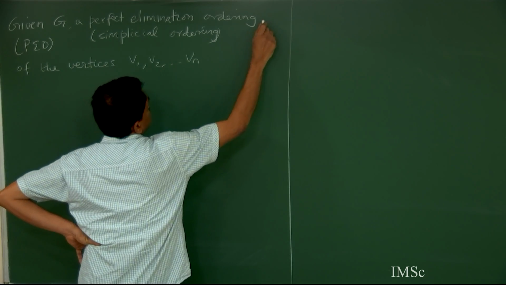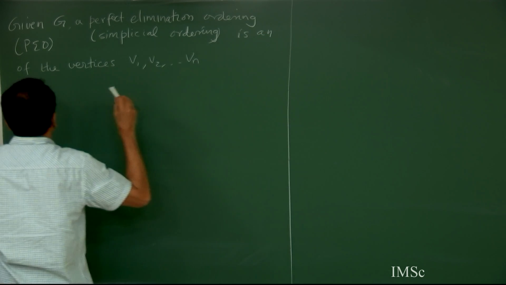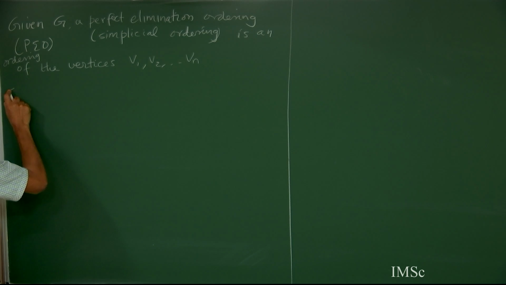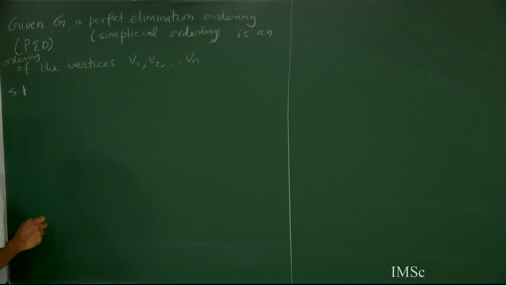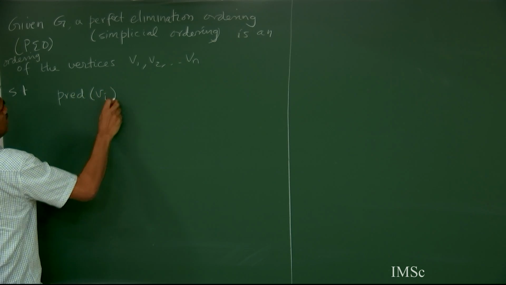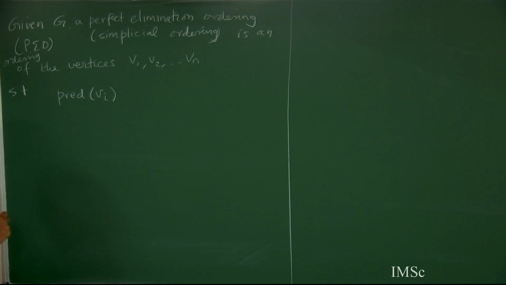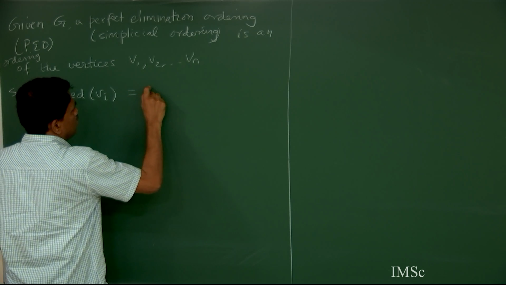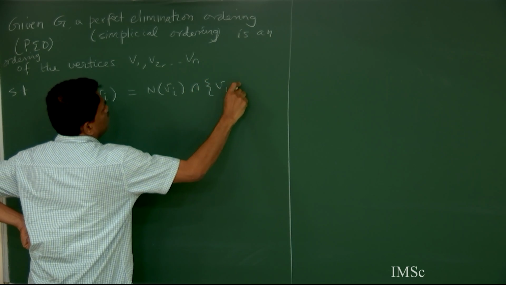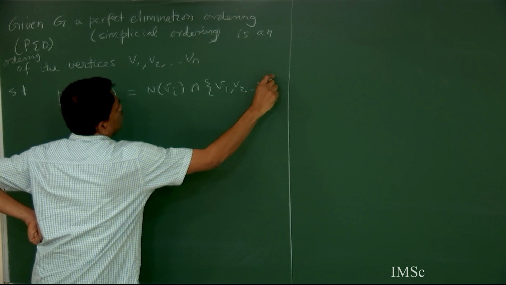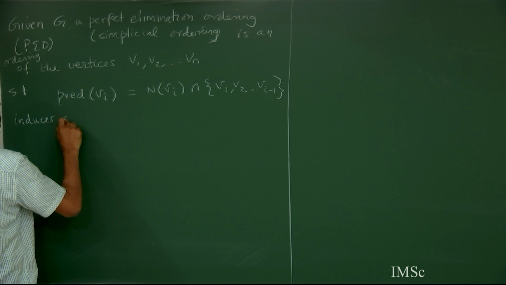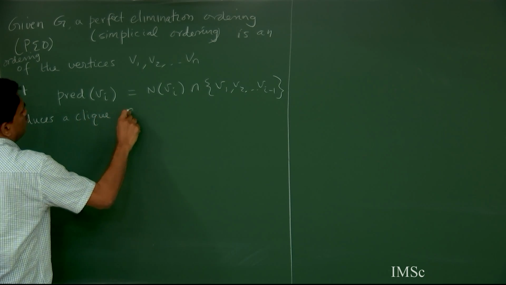It is an ordering of the vertices such that, let us define this word which I did not, predecessor of Vi is the neighborhood of Vi, open neighborhood of Vi, intersection {V1, V2, ..., Vi minus 1}, induces a clique for every i.